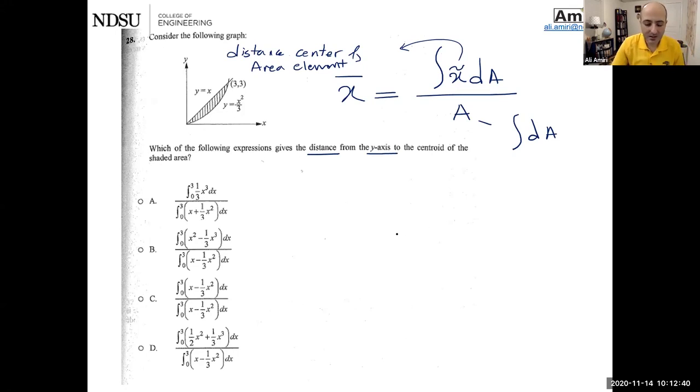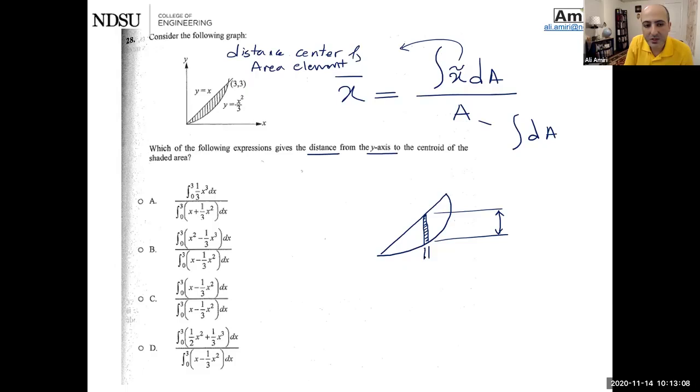For problems like this, what you got to do is quickly draw a little tiny element of area. And let's find the width of it and the length of it. So the width of it is what? No, sorry, the length of it.